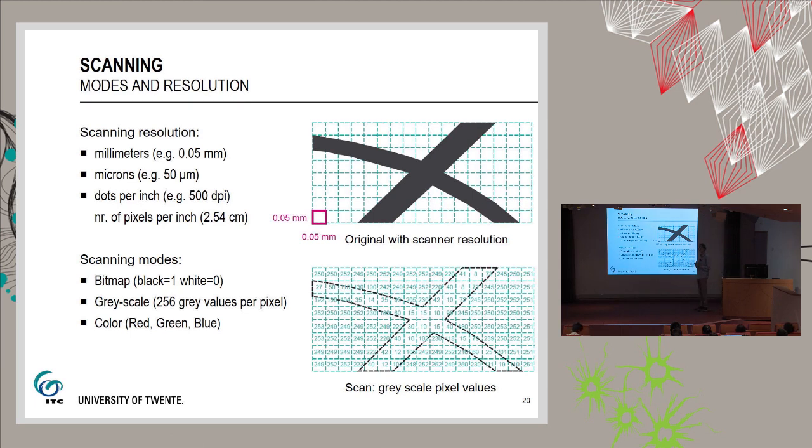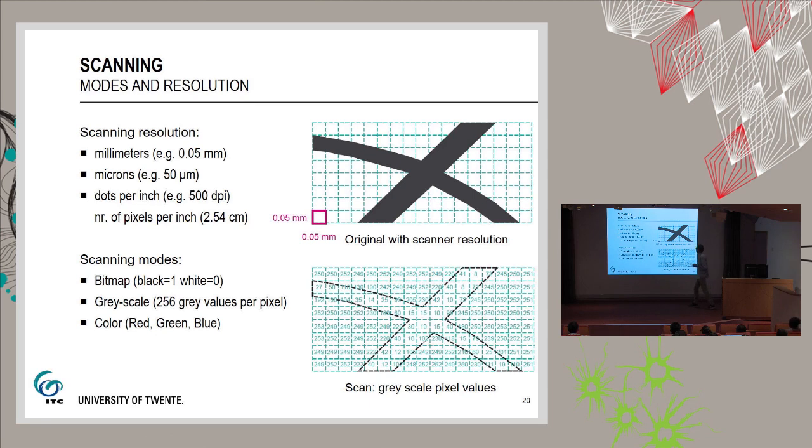You can express it in millimeters. Sometimes it's expressed in microns. But many times you see that it is expressed in dots per inch. DPI, dots per inch. Dots means in fact the number of pixels per inch. And an inch is 2.54 centimeter. Yeah? So how many pixels does 2.54 centimeter contain?